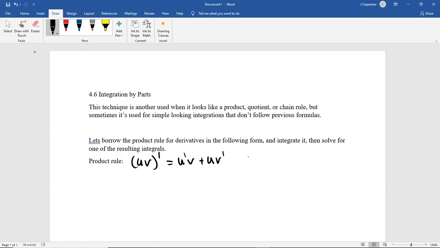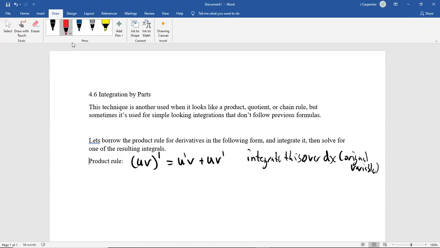Let's integrate both sides, over dx, which was the original variable. Whenever you have a derivative of something equal to something else, if you integrate it, you get the regular function.